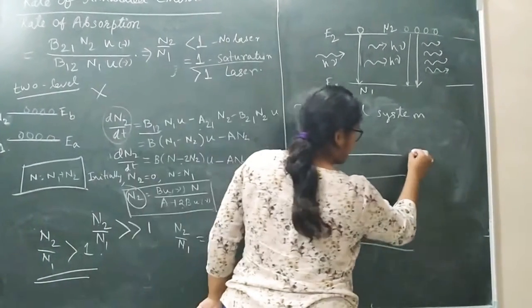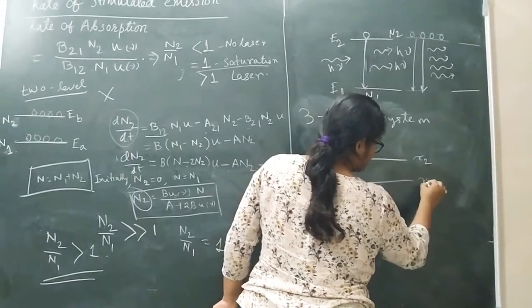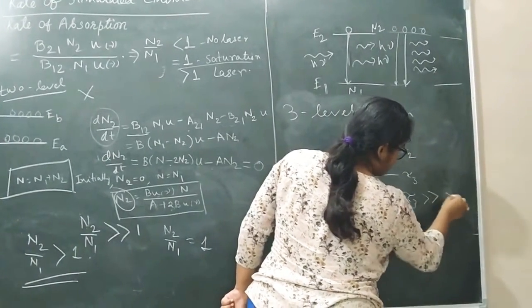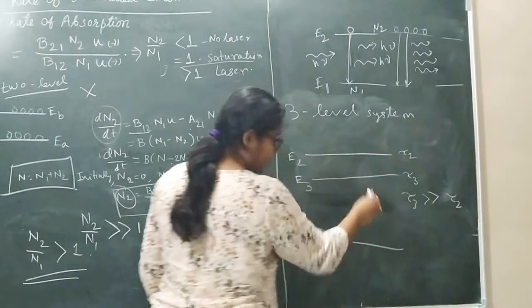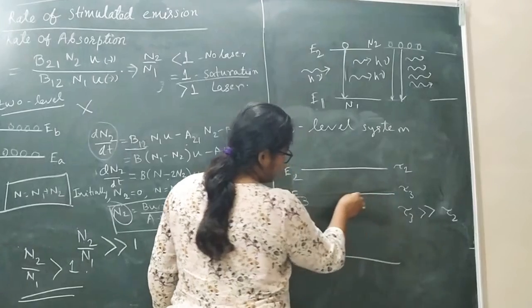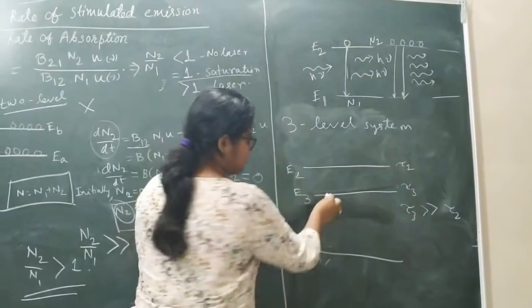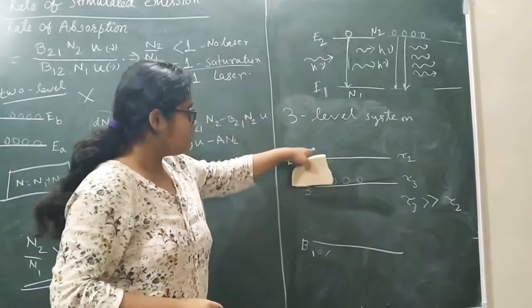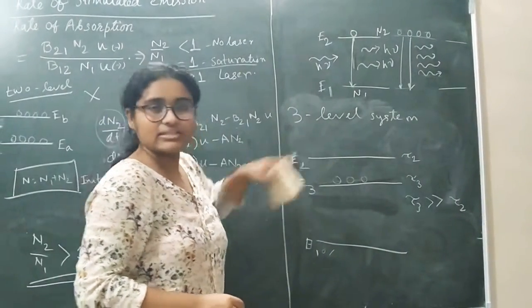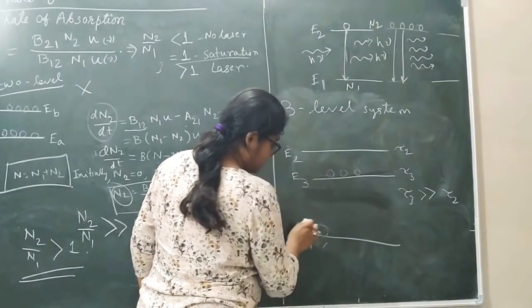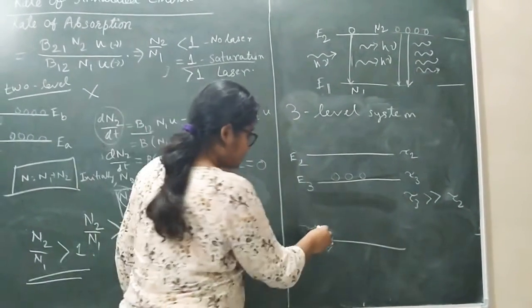Suppose this has a lifetime tau 2, and this has a lifetime tau 3. Now suppose tau 3 is much greater than tau 2. What will happen? The atoms can stay here for much more time compared to atoms staying at this level.